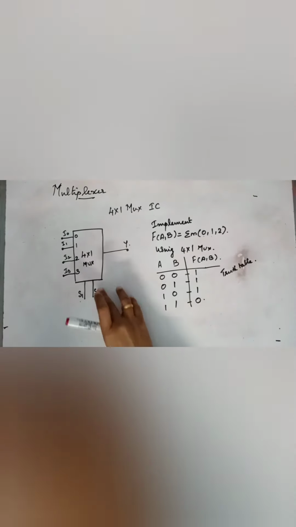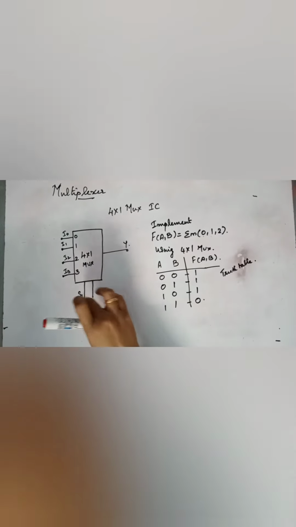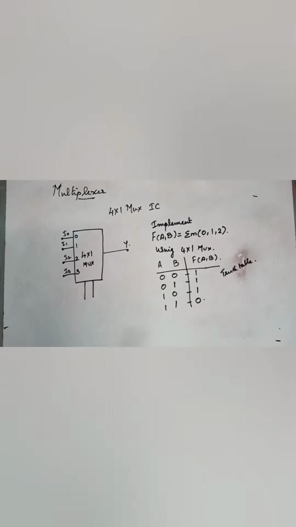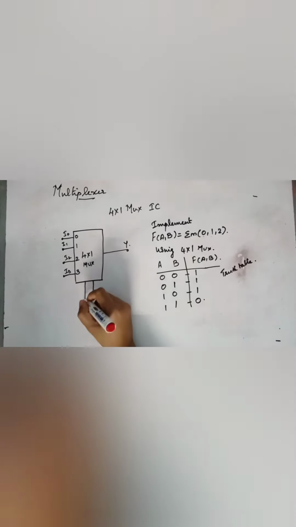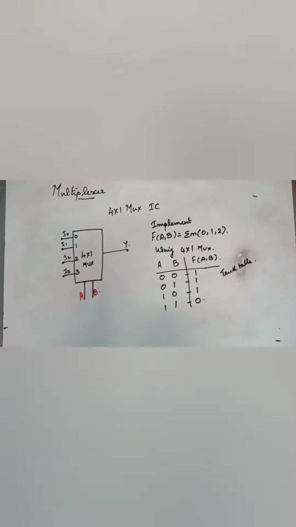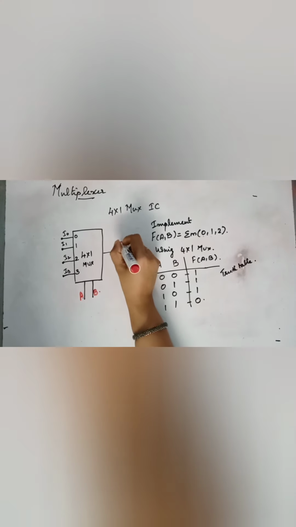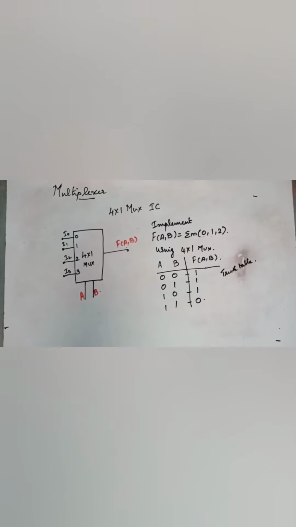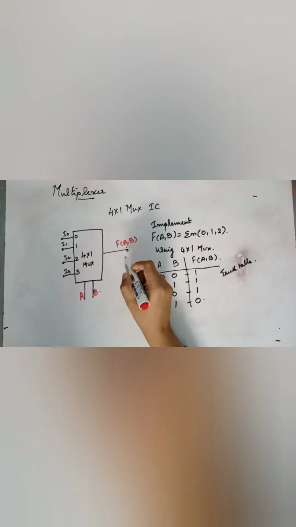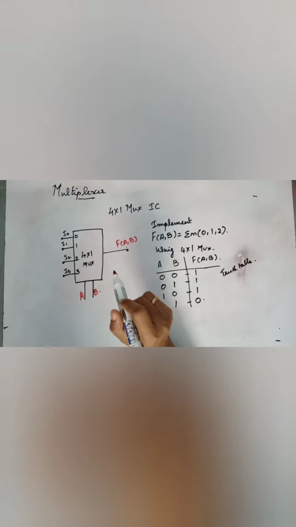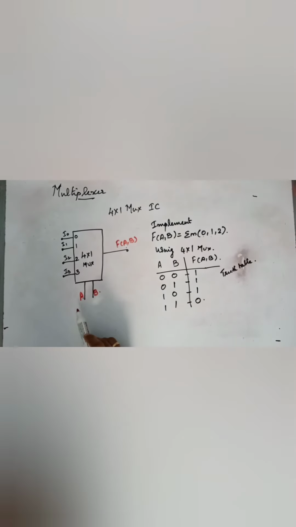So for that, first of all, I'll just change the names. This is notated as AB in the question, and this is function of AB. So when is function of AB equal to 1? When I give 0 0, 0 1 and 1 0, my output should be 1.